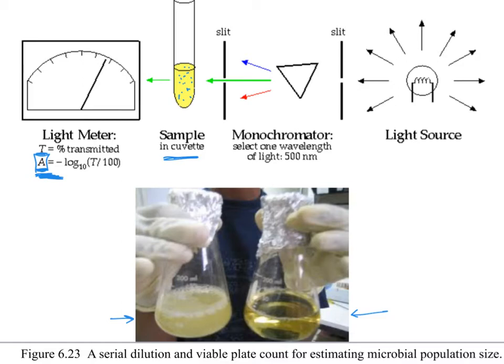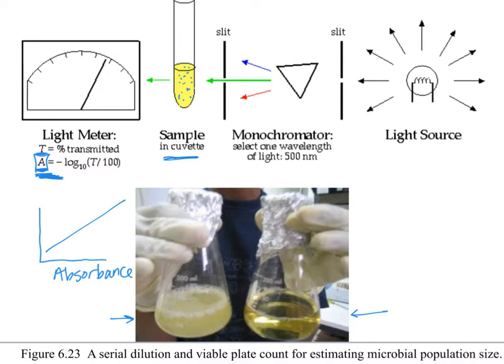If you wanted to get actual cell counts here, you would have to do an assay over time, take out your absorbance sample and then actually count that sample, maybe with a hemocytometer, and make a standard curve.